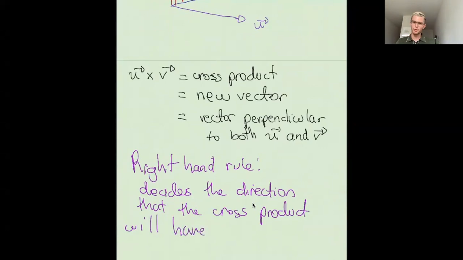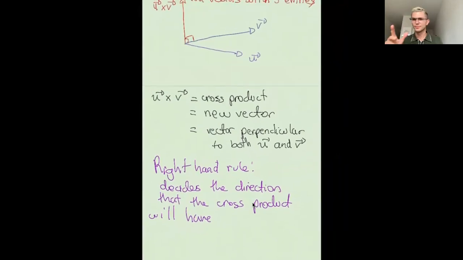Now, there are multiple ways to explain the right-hand rule. I'm not claiming that the one I'm going to show you is the only one, but this is the one that I always found easiest. If you go to Wikipedia, you'll see it explained in 3 different ways.